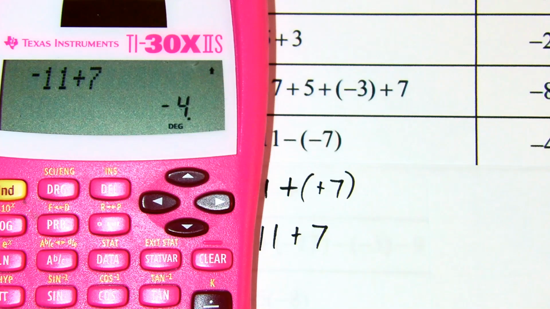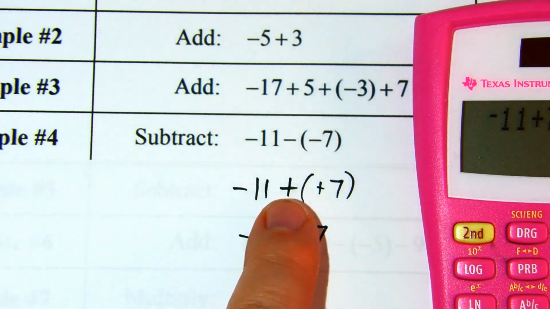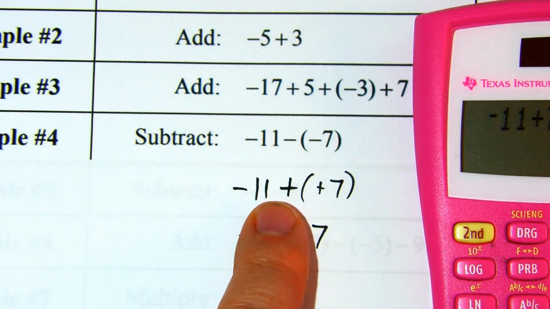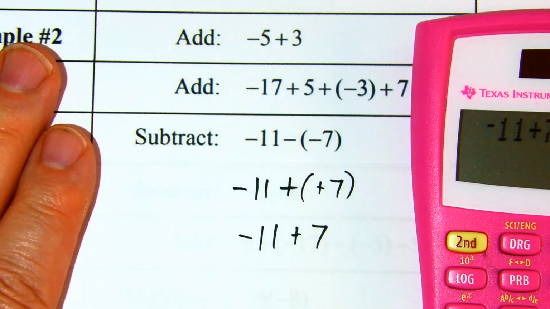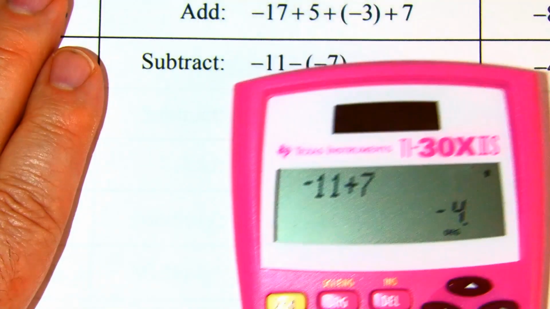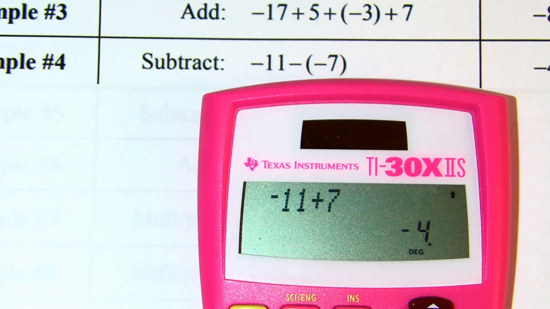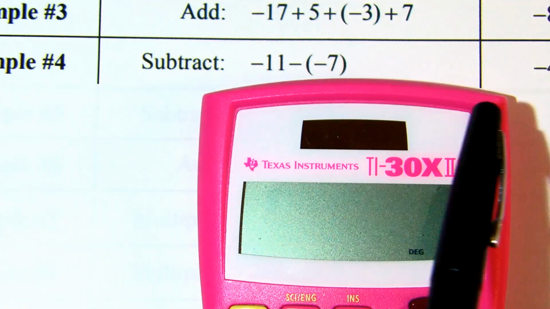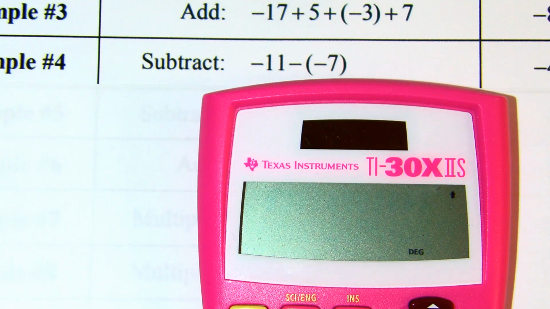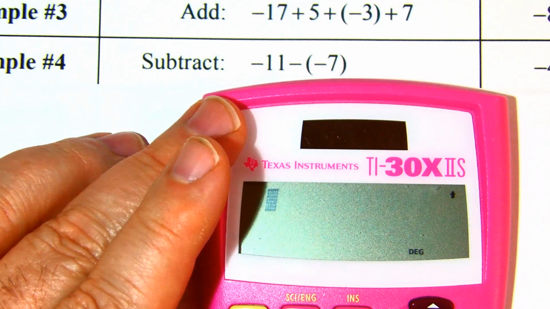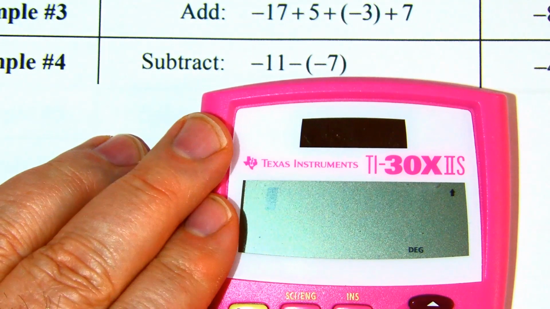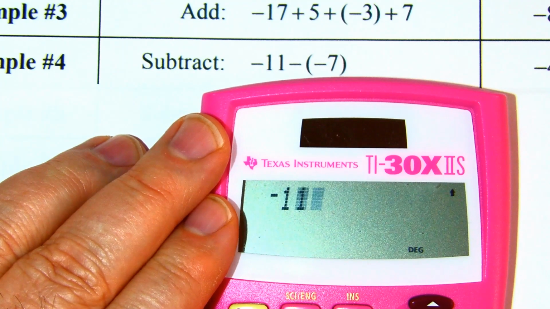Now, you could have done this entire thing on the calculator, so let me just go back to the beginning, and let me forget about the stuff I wrote out. I'm going to type pretty much exactly what I see here. I'm going to type negative 11, so you can't see the button. I'm hitting that little button, not the subtraction, but that little one way at the bottom, negative 11.